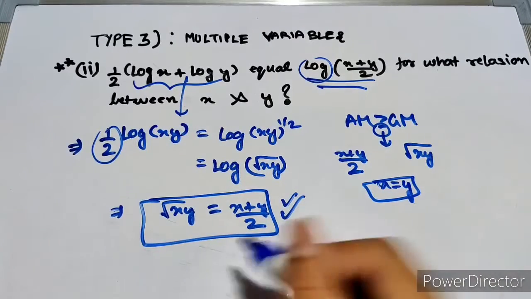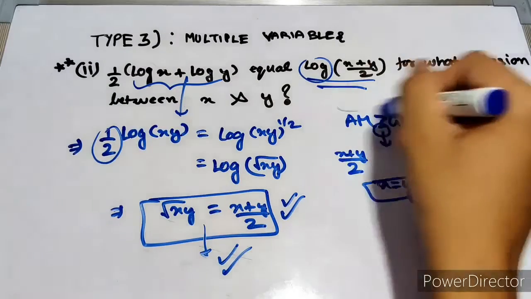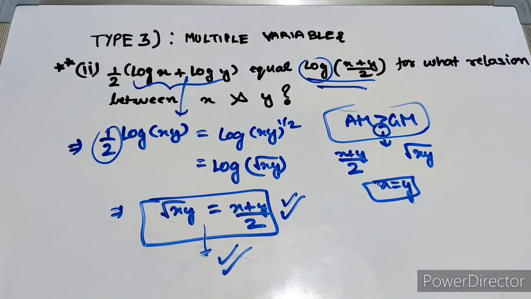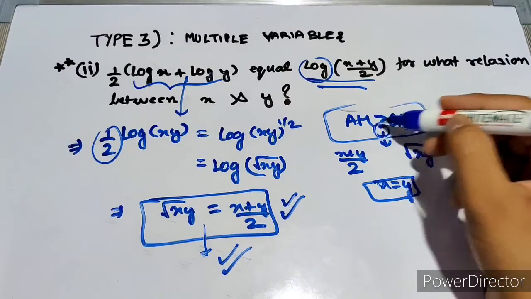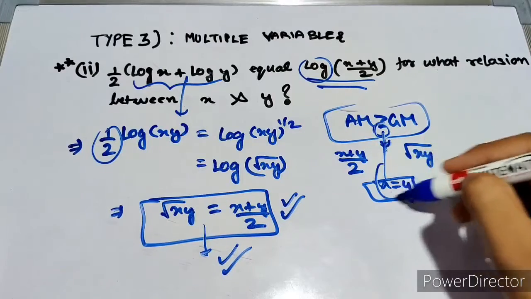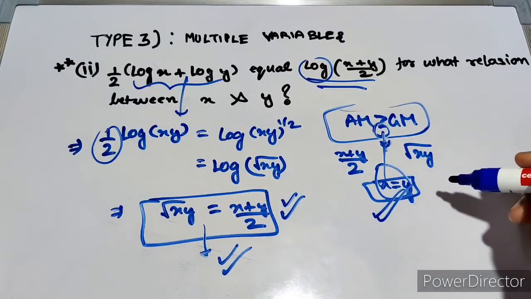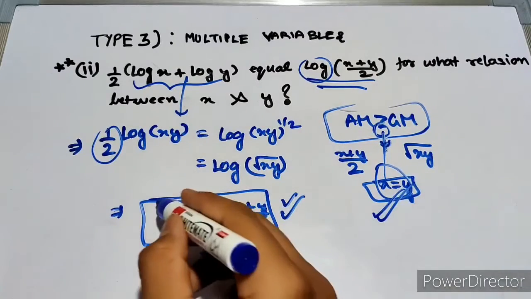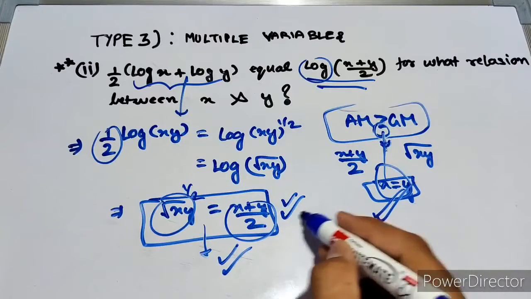So one method is to solve, which means wasting time, and the other smarter method is to use this property which we have studied in series and sequences. That is, when AM is greater than or equal to GM, this equality condition exists when both the variables are equal. So this will take very less time and you will get the answer directly. You will see that it is something to the power 1 by 2. It is something sum by 2.